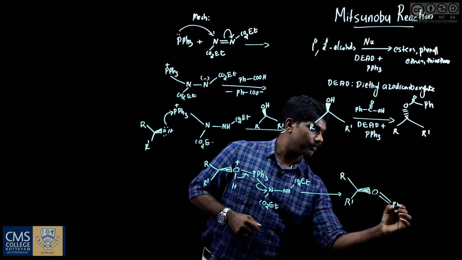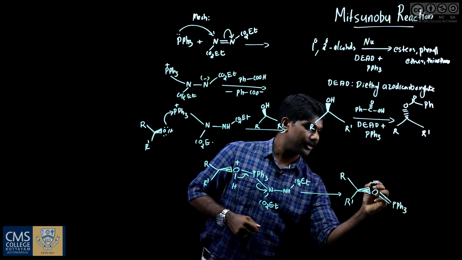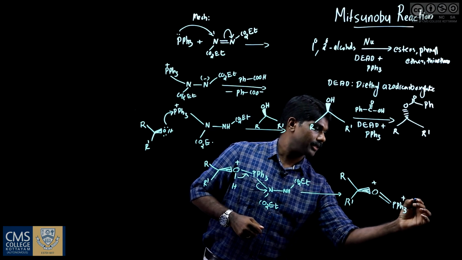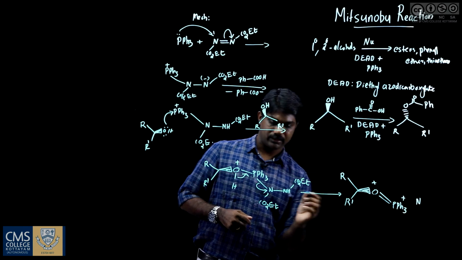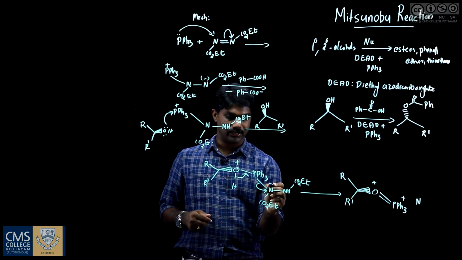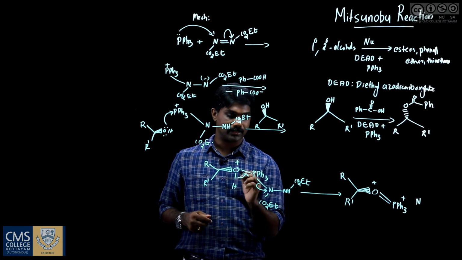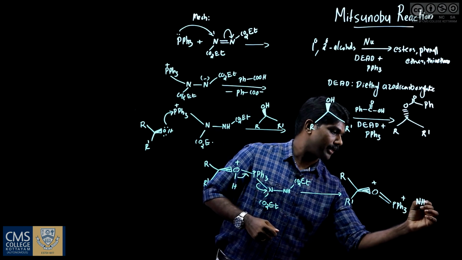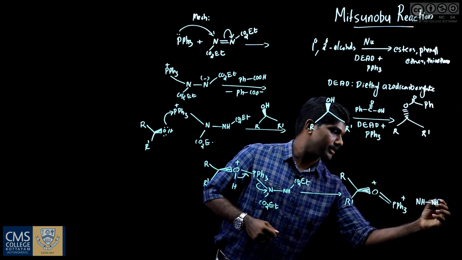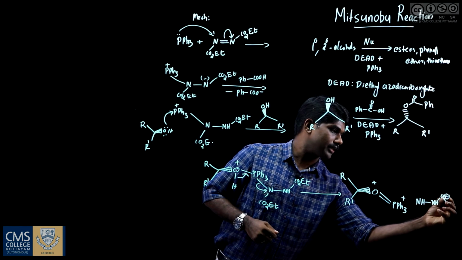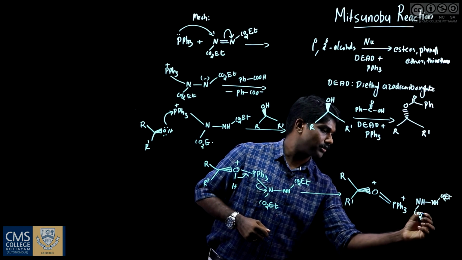So PPh3, here we have positive charge and here we have N. So here we have N minus charge, and this N minus abstracts this hydrogen and becomes NH. So we have NH, NH, CO2Et and CO2Et.